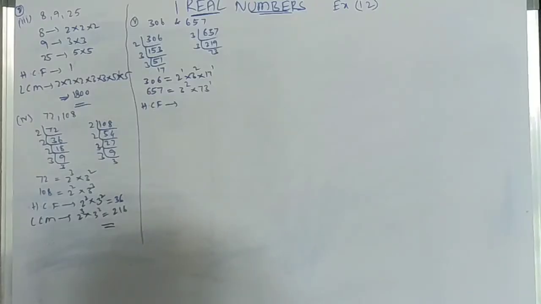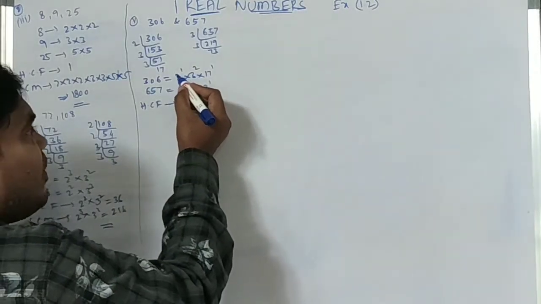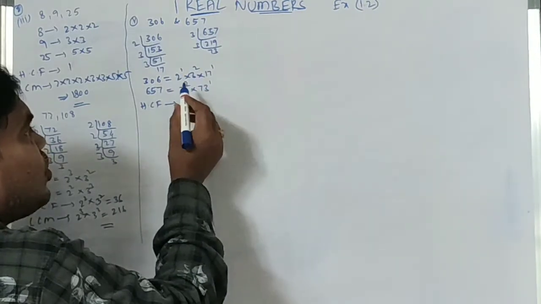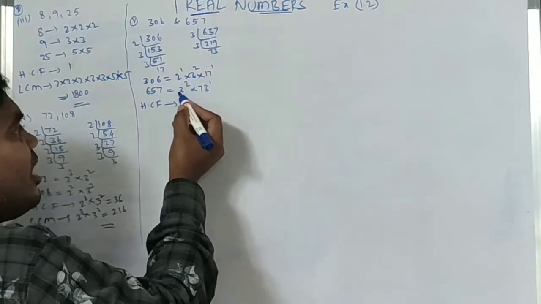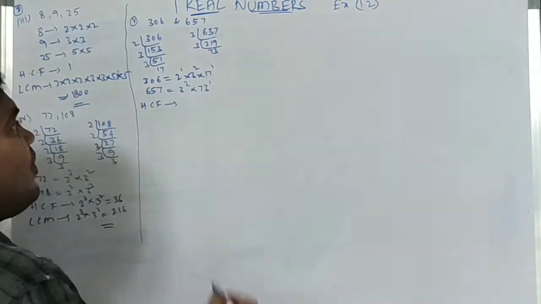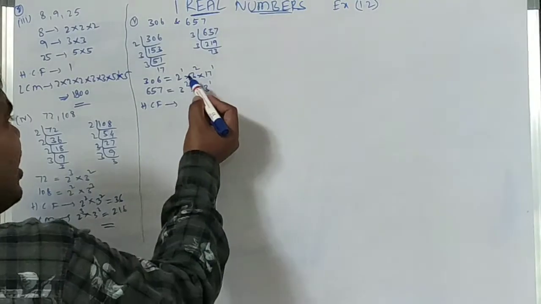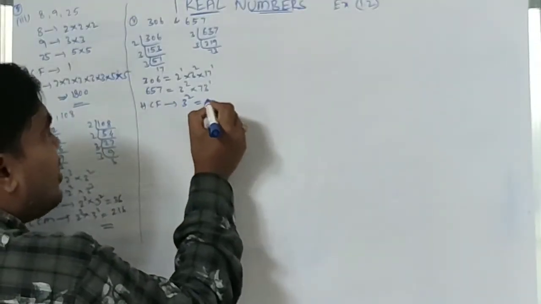So HCF equals, if we observe these two, what is the common thing? Here 2 is a prime factor, but it isn't in the other, so just neglect 2. Here 3 is a prime factor, and here also 3. Now we observe the powers of 3: 2 and 2, least is 2, so 3 square is the HCF, 9.